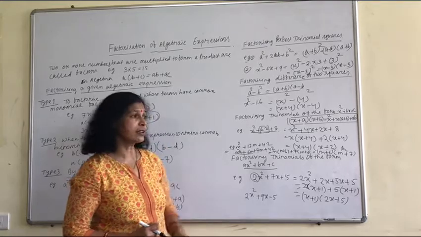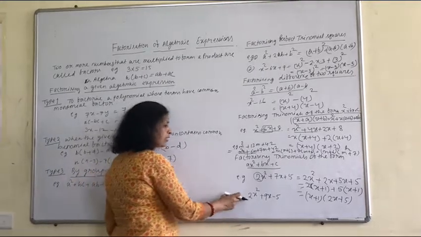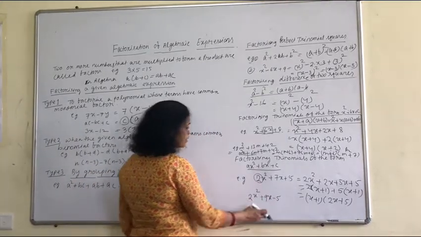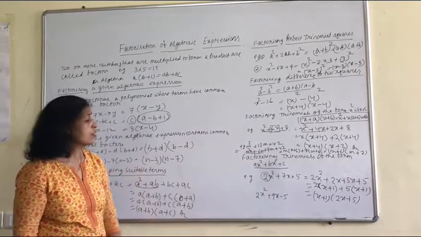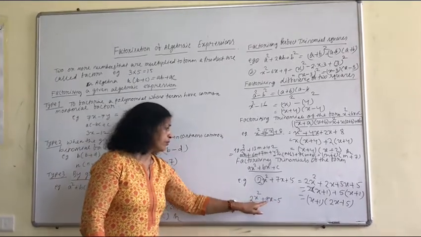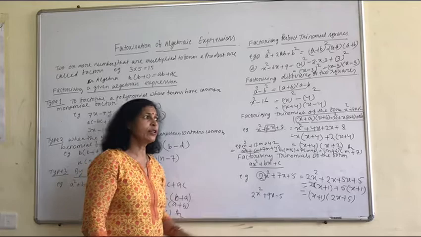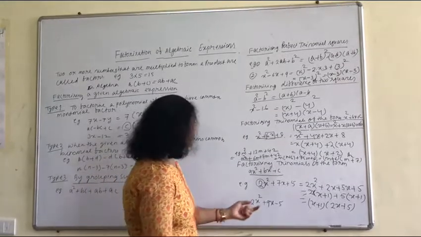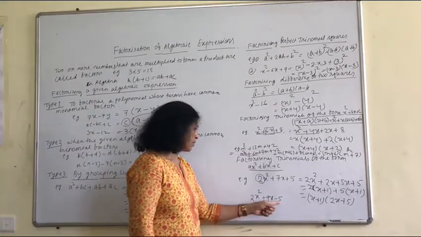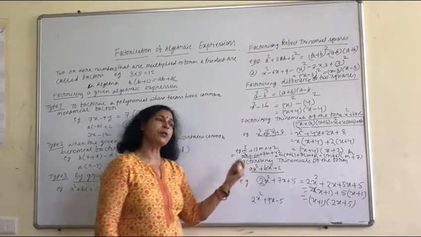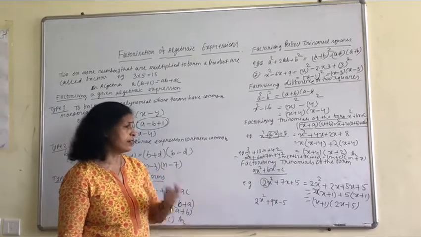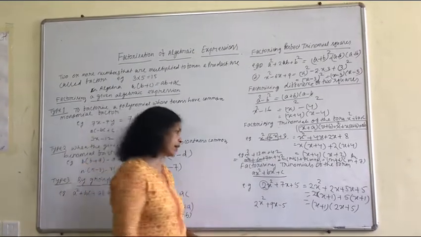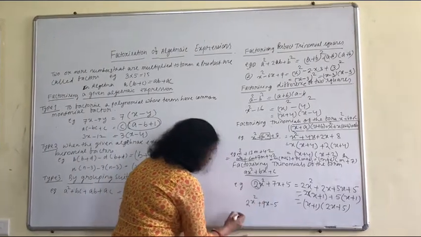Now take another example, 2x square plus 9x minus 5. So 5 into 2 is 10. Which numbers do you multiply to get 10 and add to get 9? Minus 10.